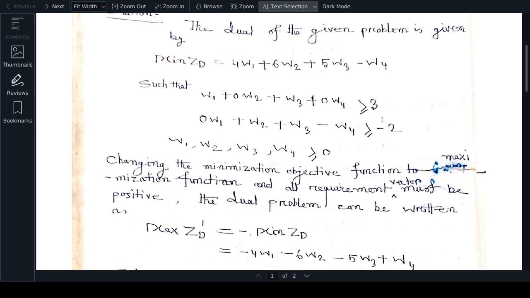So this one will be W1 plus 0 into W2 plus W3 plus 0 into W4. What does it mean?